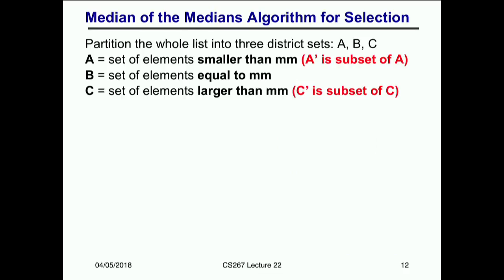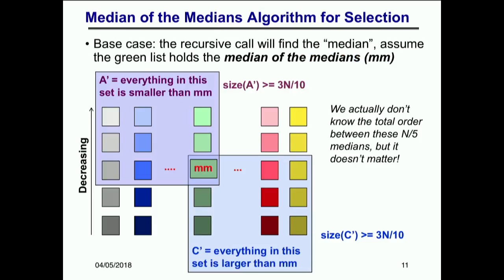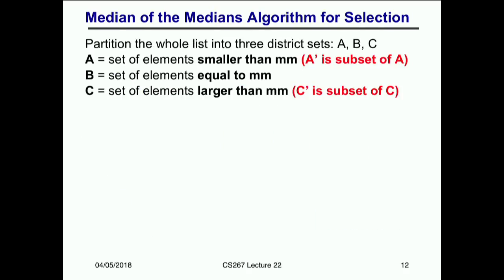Let's come back and summarize this. I partitioned my set into 3 different pieces once I choose MM. There's an A, the set of elements that are smaller than MM. This is bigger than A prime, remember. All the elements in A are smaller than MM, and A prime is some subset of it.